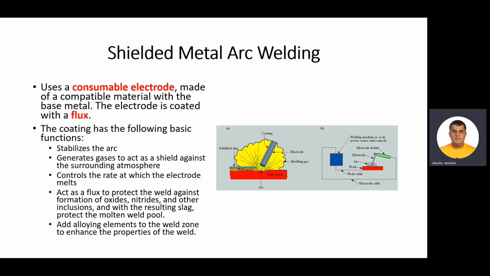Shielded metal arc welding, where we use a flux over the filler. That flux has the following function: stabilize the arc, generate gases that act as a shield against the surrounding atmosphere, control the rate at which the electrode melts, act as flux to protect the weld against formation of oxides, nitrides, and other inclusions, and also add alloying elements to the weld zone to enhance the properties of the weld.